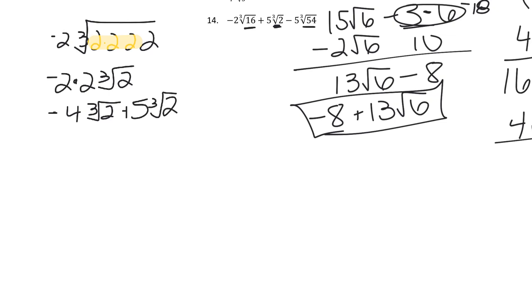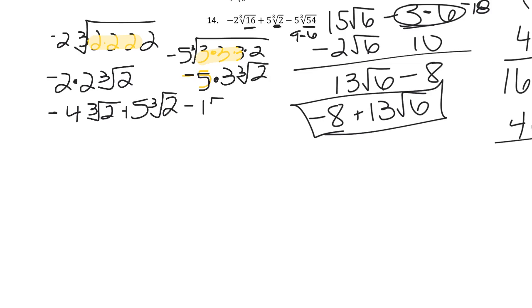And 54 is 9 times 6. 9 is 3 times 3, and 6 is 3 times 2. So that's negative 5 cube root of that, and we have three 3's underneath the cube root. So I can take that out, and that's negative 5 times 3 cube root of 2, which is negative 15 cube root of 2.